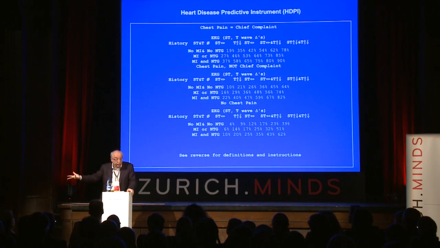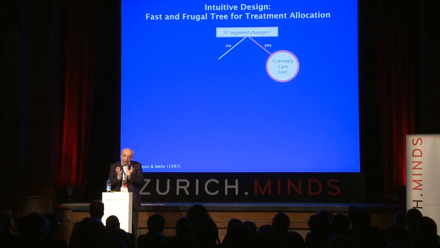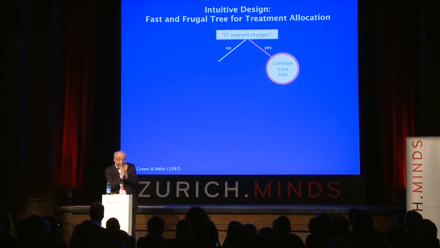That's an uncertain world here. And they designed a fast and frugal tree. That's a specific kind of heuristic for treatment decisions. And this is designed in an intuitive way so that everyone can understand it, who doesn't know what a logistic regression is. This was the other model. So it just asks three questions. It goes sequentially, as people think.